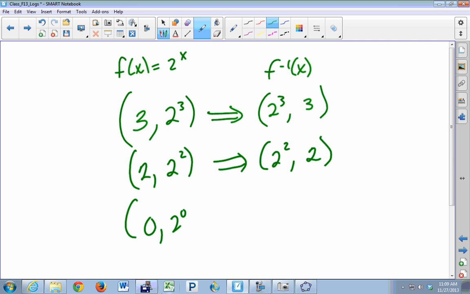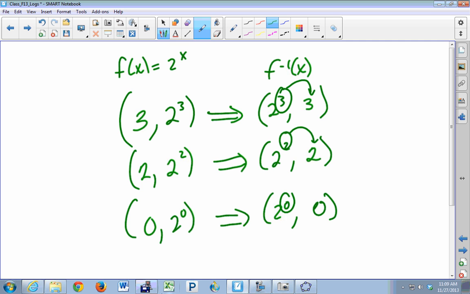I get 2 to the 0 or 1. I put 2 to the 0 in. I come back to 0. Okay? So whatever the exponent is on your input, this is your input into your inverse function, the answer is the exponent, because you've got to come back to where you started. That's how inverse functions work.